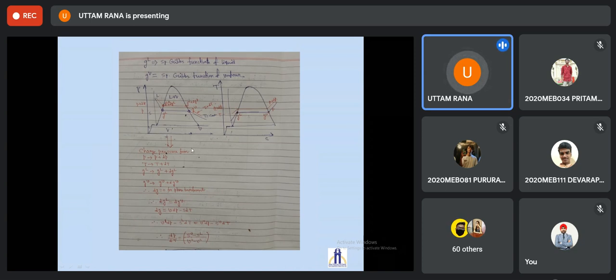And let us say a system is at a pressure P and temperature T. Now, let us say we are changing the pressure P to P plus dP and temperature T to T plus dT. So what would happen to the Gibbs free energy of the system?